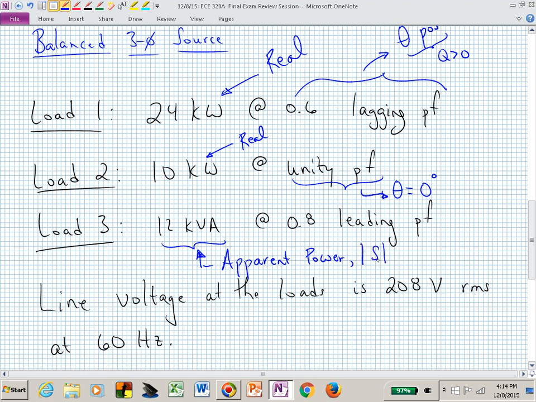That's now the magnitude of S sub 3, the magnitude of the complex power for load 3.